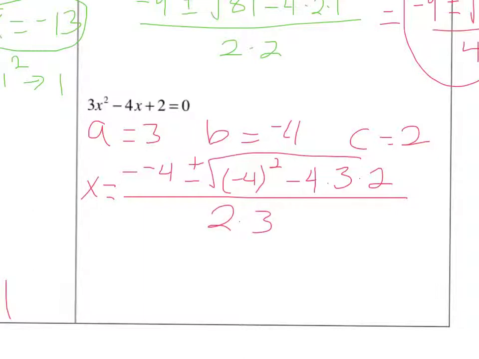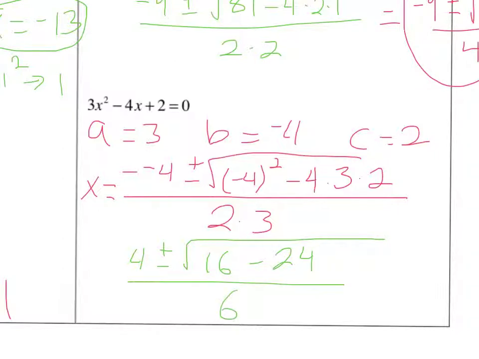Cool. Let's do some mathing stuff now. We get a positive 4, negative negative. Plus or minus 4 squared is 16. 4 times 3 is 12. Times 2 is 24, minus 24. That's all over 6.